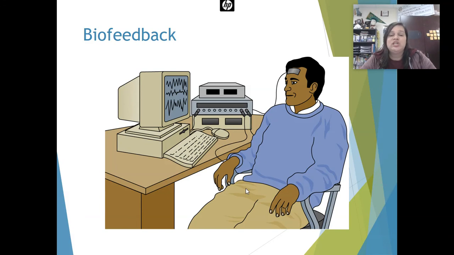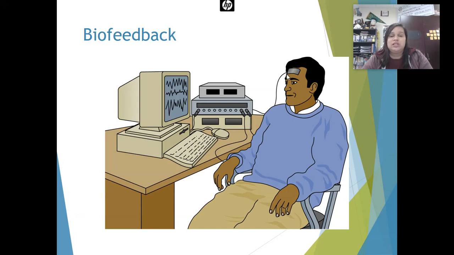What this machine can do is you can hook it up to you and you will measure your pulse. Or even what he's doing here is trying to measure movement in his forehead. And then when you see that your heart rate is up, you can consciously try to calm it down through deep breathing, conscious relaxation, and you're getting feedback.